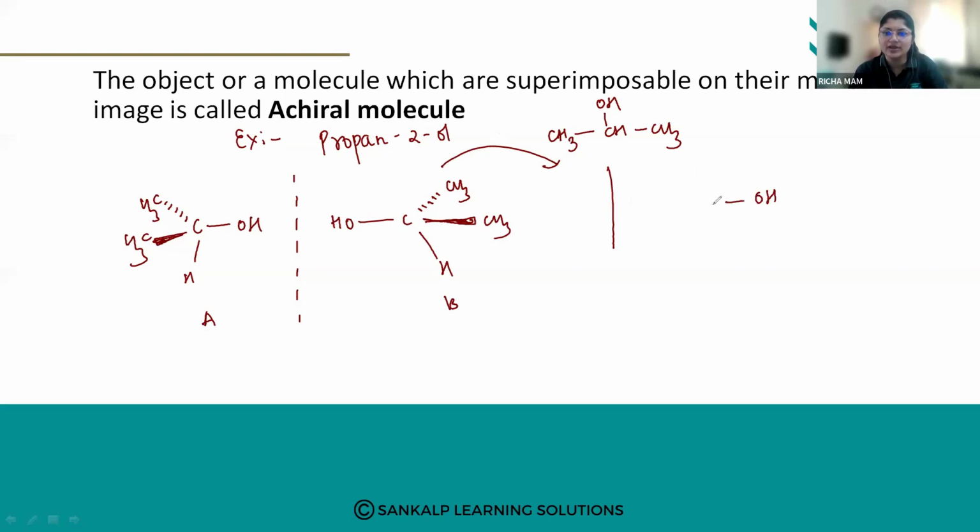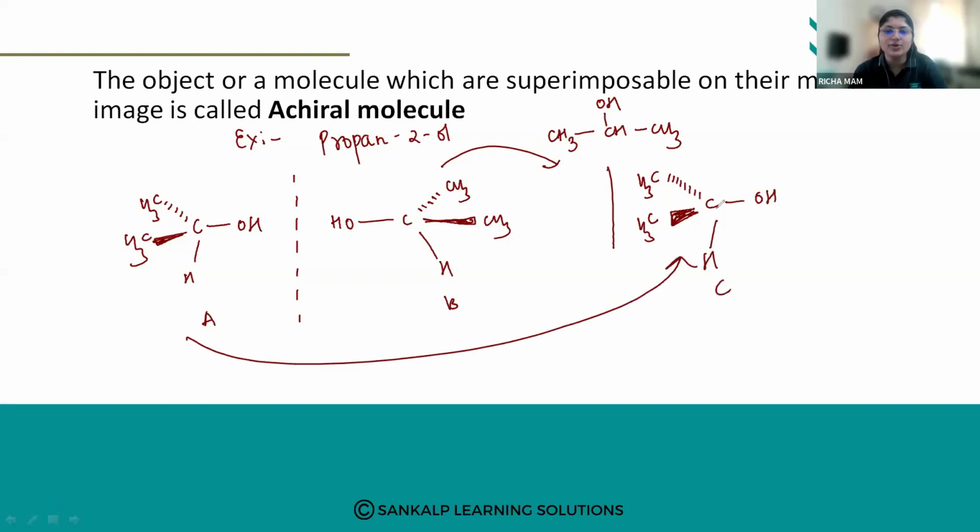So this will become OH, C, CH3, and here CH3 and H. So A and this are similar, right? You can see that the molecules are superimposable on their mirror image. Such molecules are called achiral molecules. So what we have done: we have taken molecule A and taken the mirror image of that.